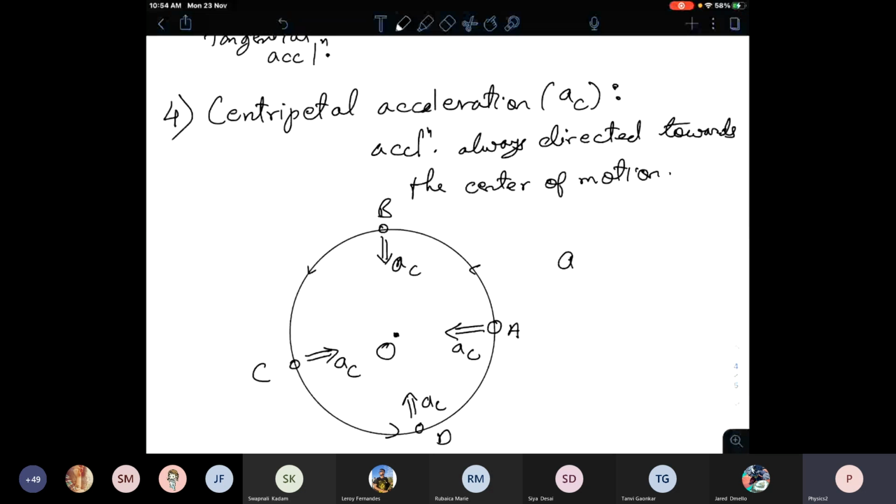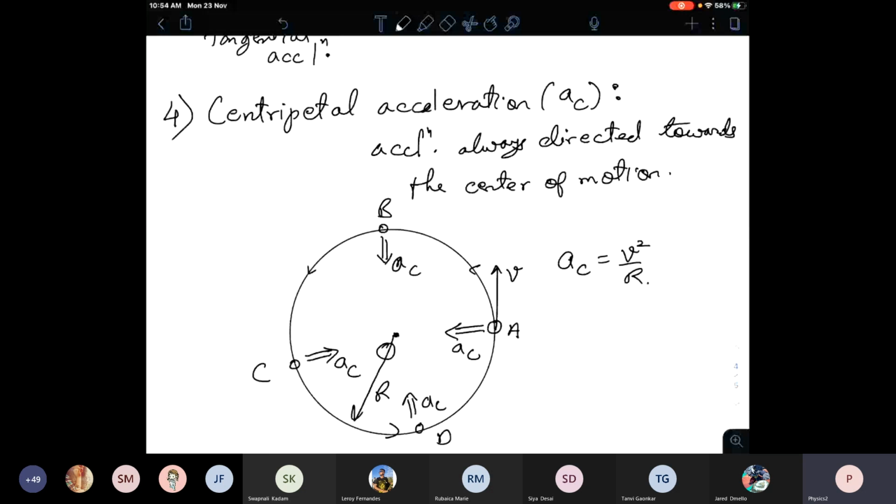The centripetal acceleration formula is v square by r, which is important for us. The particle must be having some velocity at A point. The radius of the circular path is fixed. So the centripetal acceleration will have a value of v square by r at A point.